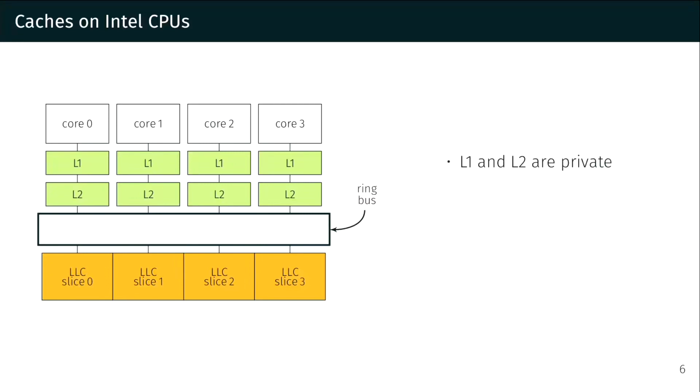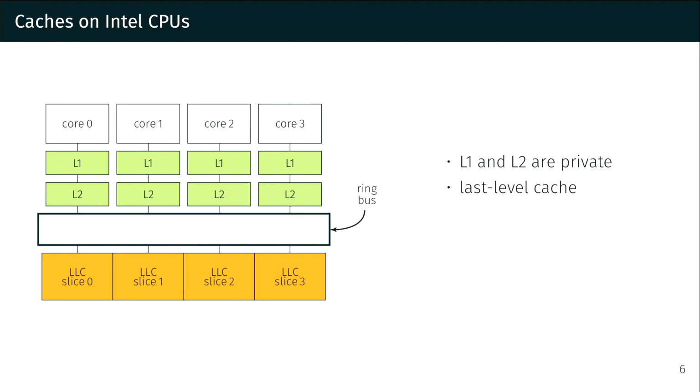Okay, so let's start with a bit of introduction. We will be mainly focusing on Intel CPUs, and this is roughly what it looks like today in terms of cores and caches. We have four cores here and different levels of caches. Usually we have three levels of caches. Level 1 and level 2 are private to each core, which means that core 0 can only access its level 1 and its level 2, and not level 1 and level 2 of, for example, core 3. And we have the last level cache.